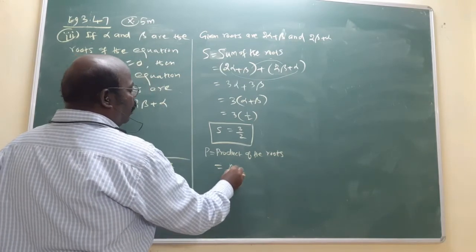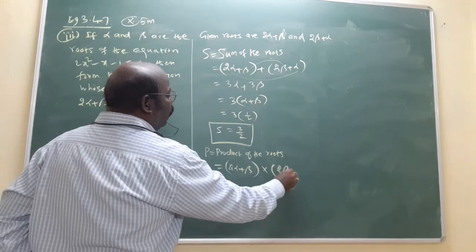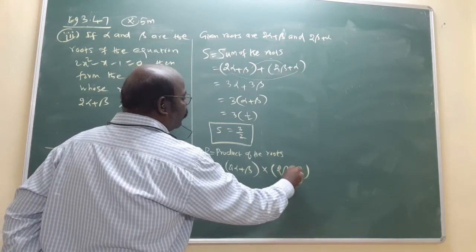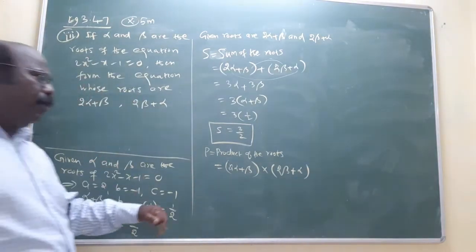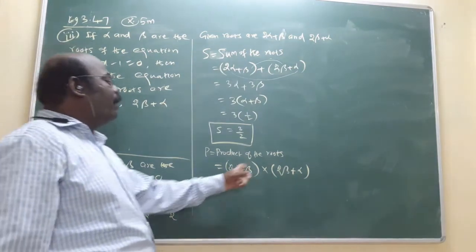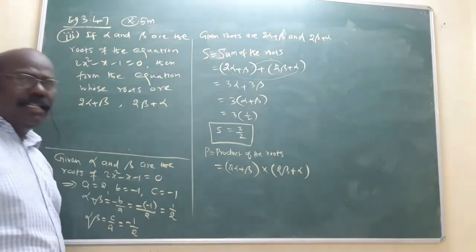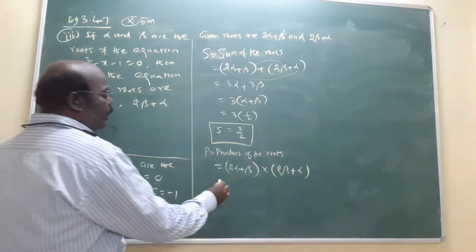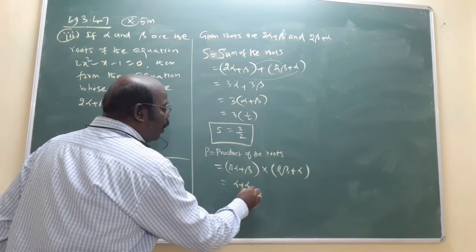That is 2 alpha plus beta into 2 beta plus alpha. Suppose you multiply using the small algebraic formulas, then by using this idea we get the answer. But there is an easy method. 2 alpha can be written as alpha plus alpha, plus beta.